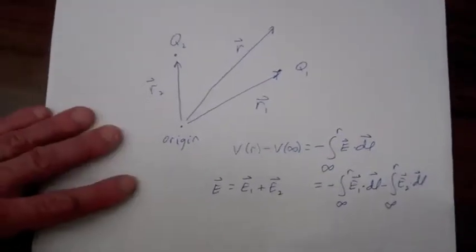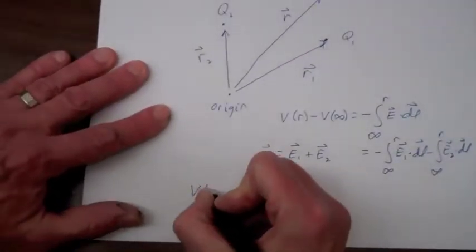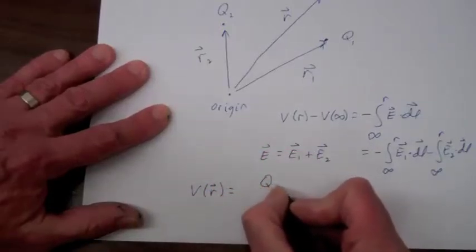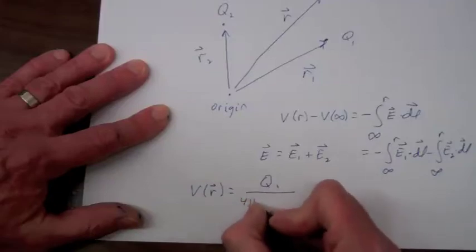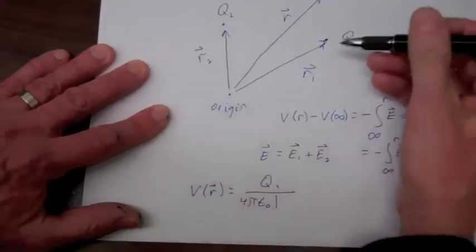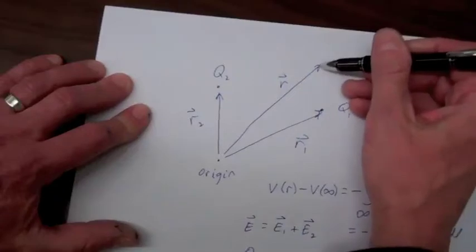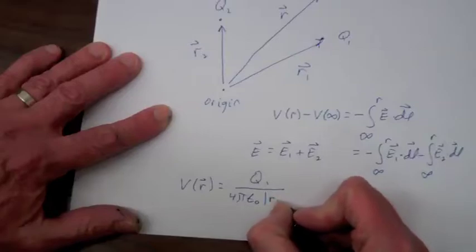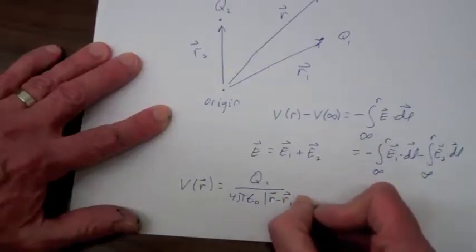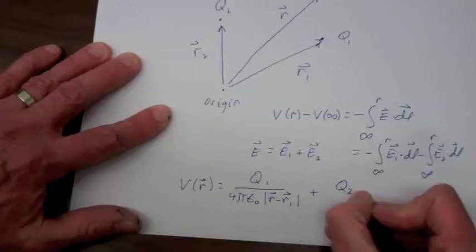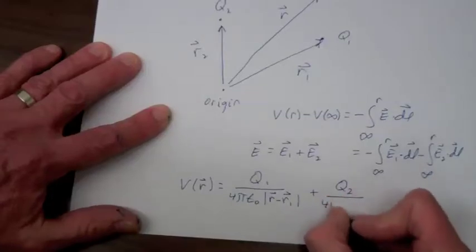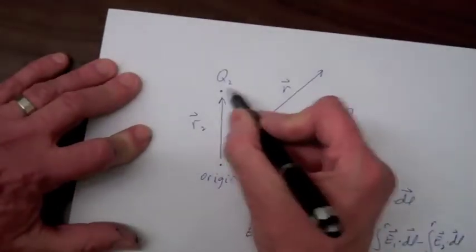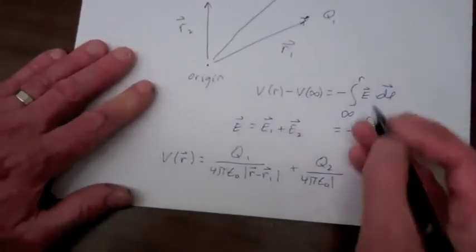So we can write the voltage at location R as Q1 over 4 pi epsilon sub 0 times the distance from Q1 to the point where we're trying to find the potential, which is the magnitude of R minus R1, plus Q2 over 4 pi epsilon sub 0 times the magnitude of the distance from Q2 to the location where we're trying to find the potential.